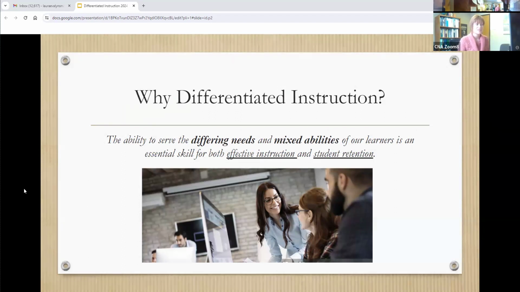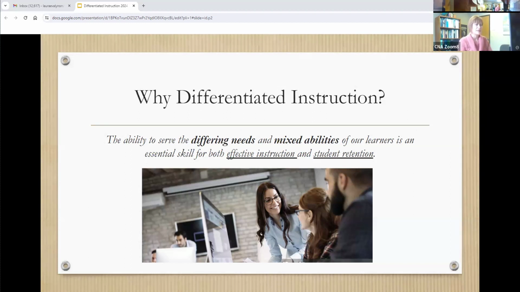It allows us the ability to serve the differing needs and mixed abilities of our learners, and it contributes to both effective instruction and student retention. I also was reminded that differentiated instruction is highly research-based, and it draws on different important tenets of adult education, including learner-centered education or student-centered learning and adult learning theory.